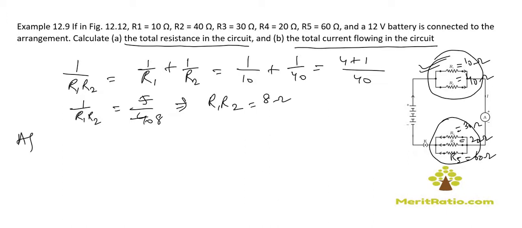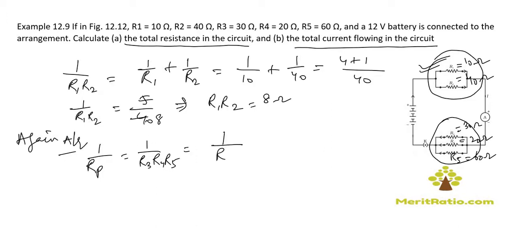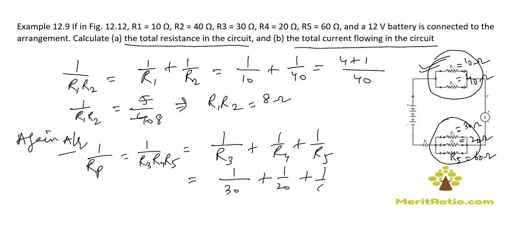Again, we are required to find the equivalent resistance: 1 by Rp is equal to 1 by R3, R4, R5. So we can simply write 1 upon R3 plus 1 upon R4 plus 1 upon R5. This is giving 1 upon 30 plus 1 upon 20 plus 1 upon 60.